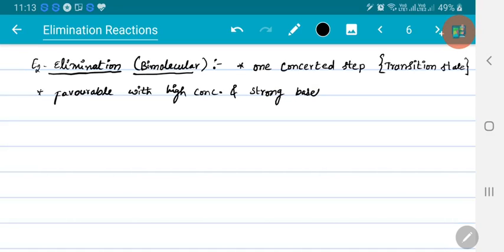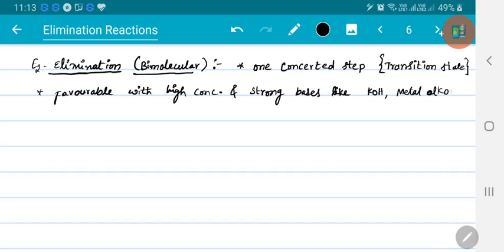Such as KOH, metal oxides, metal alkoxides, that means sodium methoxide, right?